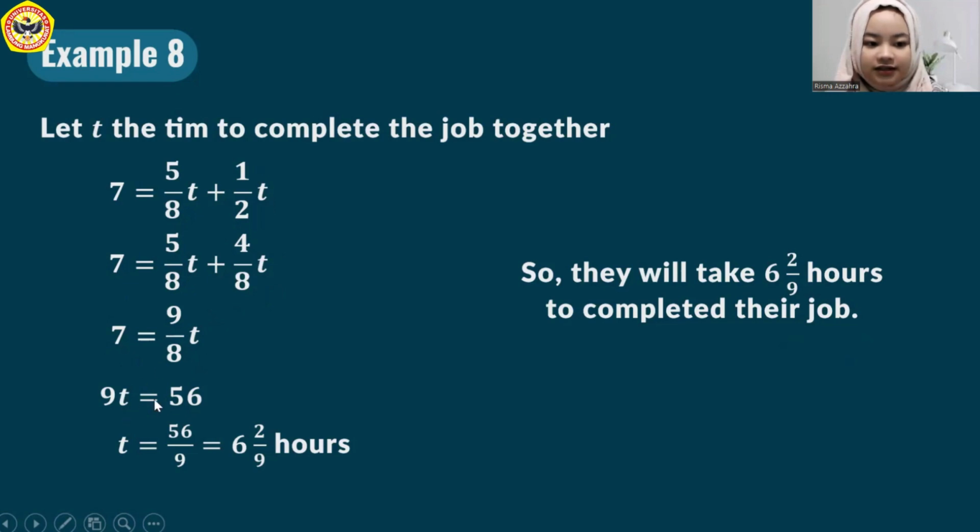So 9t equals 56, sorry, not 60, 56. So t equals 56 over 9, which is 6 and 2 over 9 hours. So they will take 6 and 2 over 9 hours to complete their job.